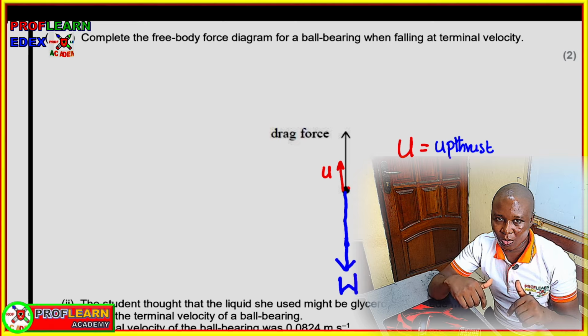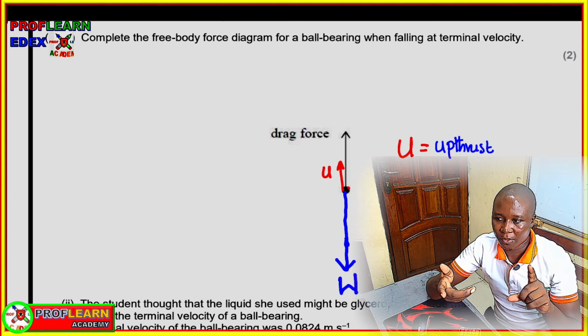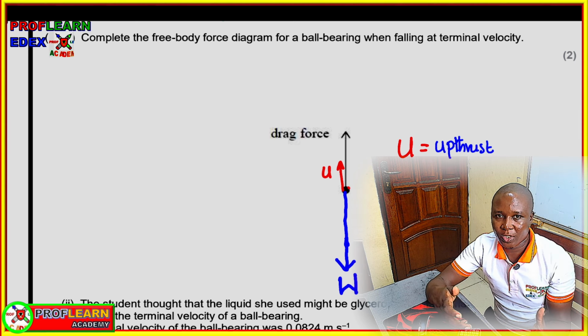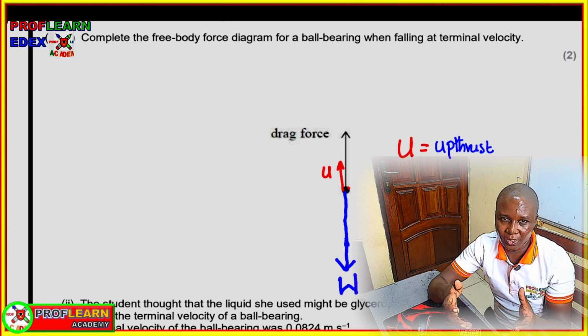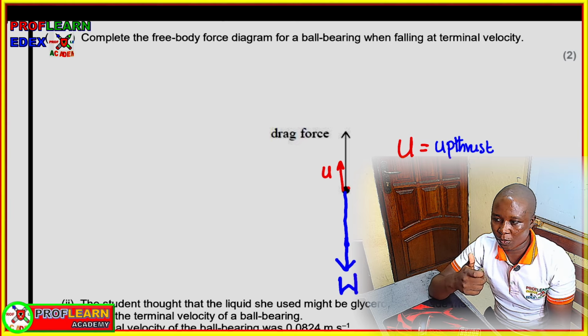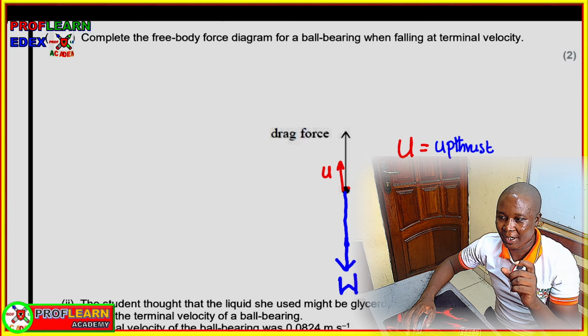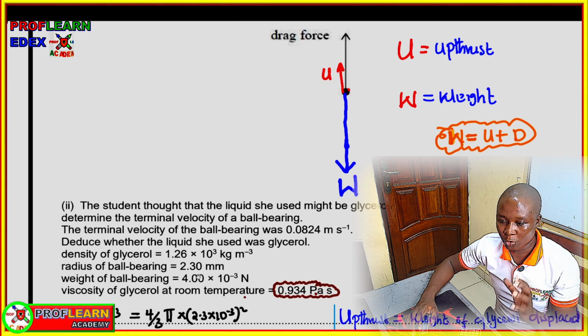One is the downward force, which is the weight, and the upward forces are the drag force, the resistance due to the fluid, and also the upthrust, because when an object is placed in a fluid, it displaces some liquid, and the weight of the liquid displaced is equivalent to the upthrust the object experiences. So for terminal velocity to be attained, upthrust plus drag should be equal to the weight of the object. That means the resultant force will be 0.